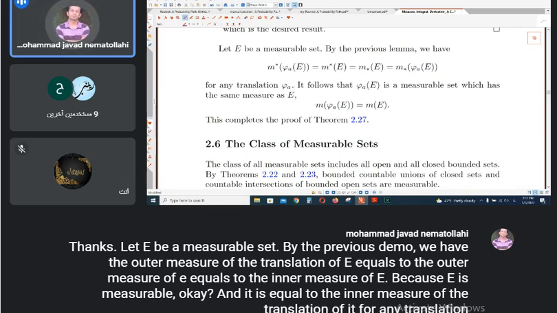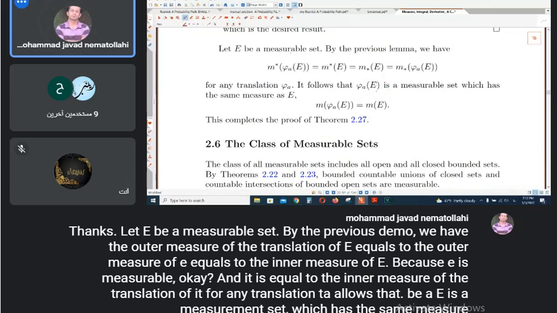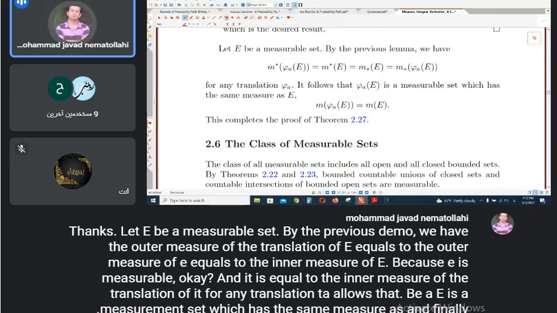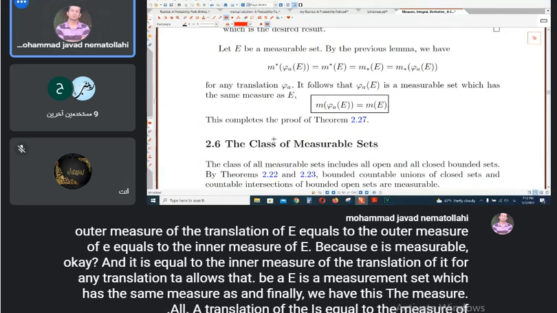It follows that φ_A(E) is a measurable set which has the same measure as E. And finally, we have this: the measure of the translation of E is equal to the measure of E. Okay?